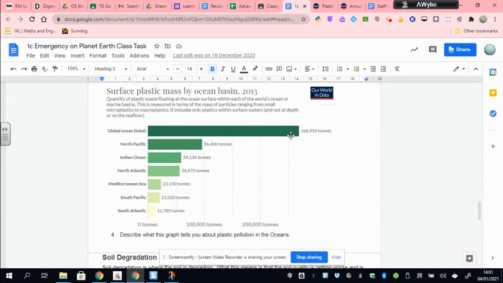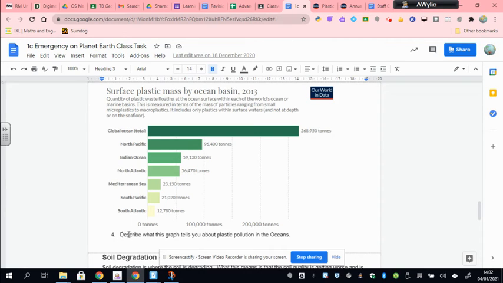And we can see the global total is 268,950 tons of plastic floating in our oceans. But that's just floating on the surface, by the way, not what's down below. We can break that up into the different oceans. So the Pacific is split between the North Pacific and the South Pacific, and the Atlantic is split between the North and the South Atlantic.